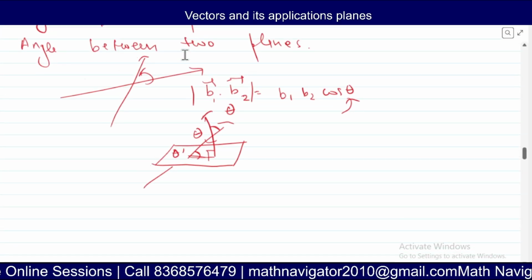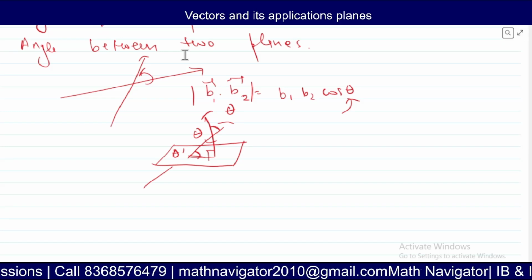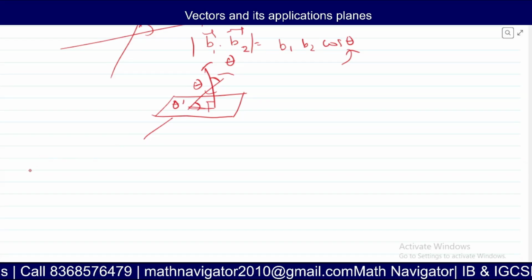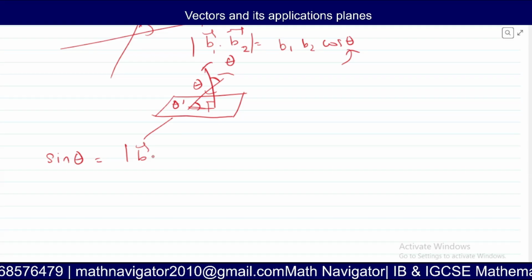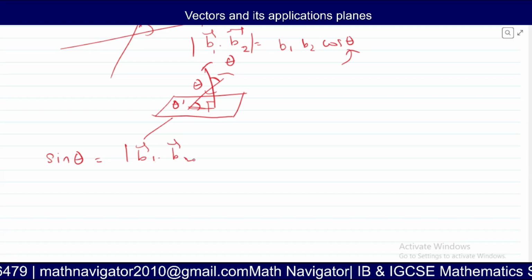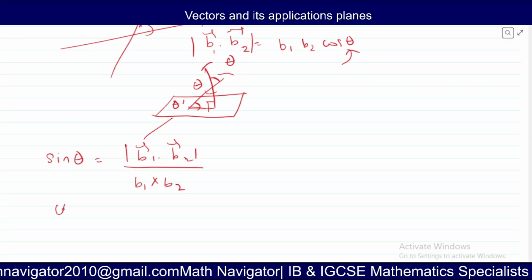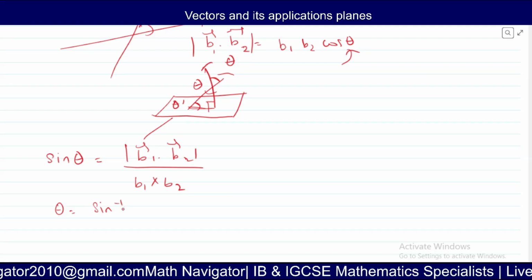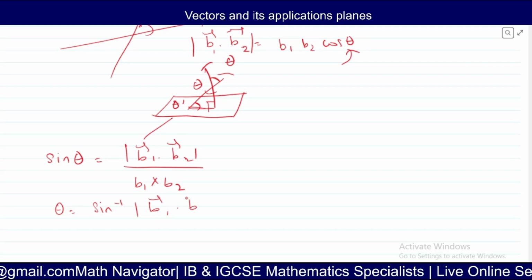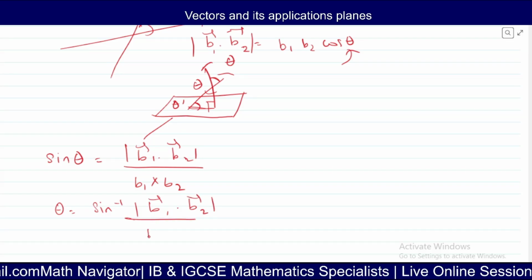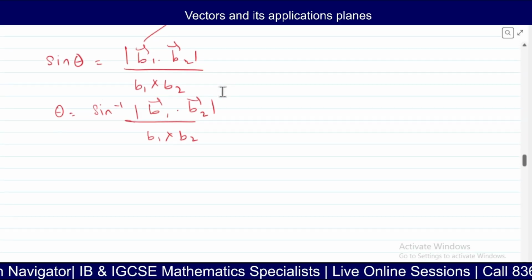Whenever you have to find the angle between the line and the plane, sine theta is equal to the magnitude of vector b1 dot vector b2 over b1 times b2, or theta is equal to sine inverse of b1 dot b2 over b1 times b2. What are b1 and b2? The direction vector of the line and the plane.